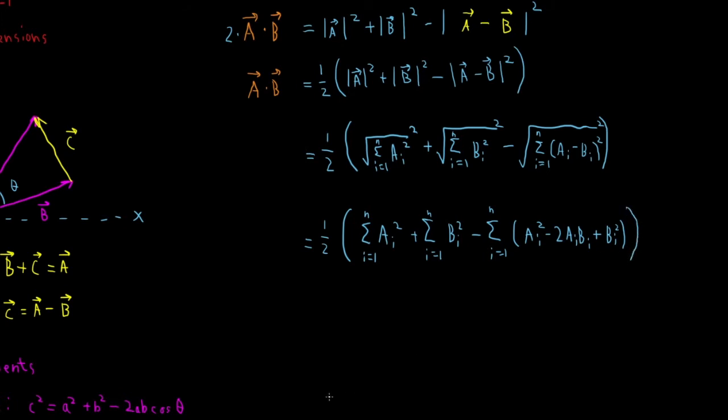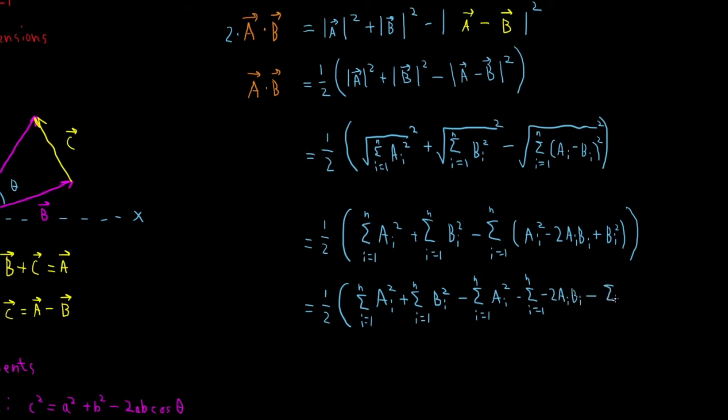Now, splitting the third sum, we get 1/2 the sum of Ai squared plus the sum of Bi squared minus the sum of Ai squared, minus the sum of minus 2 Ai times Bi, and finally minus the sum of Bi squared. Now we can clearly see that this term cancels out with that term, and this term cancels out with that term.